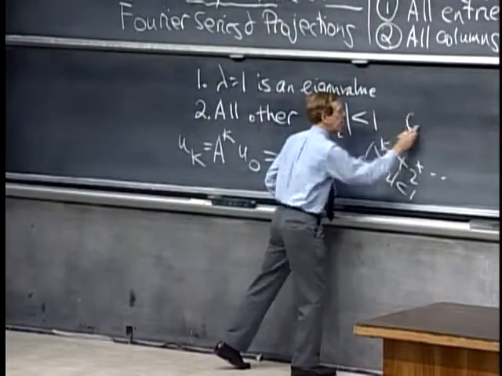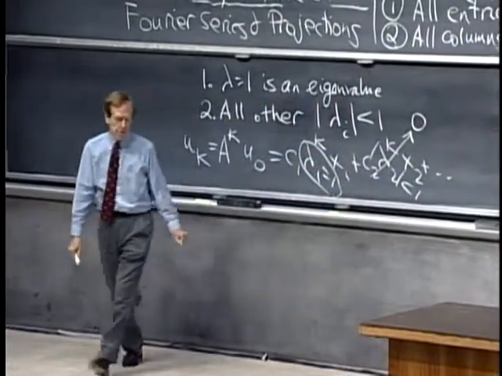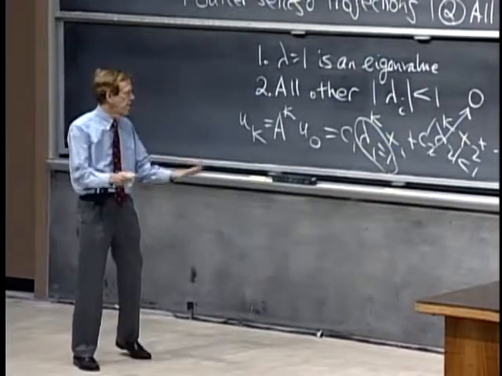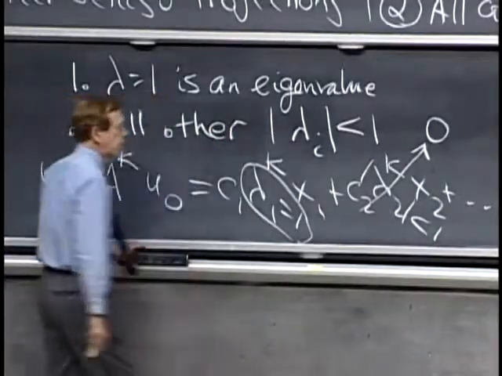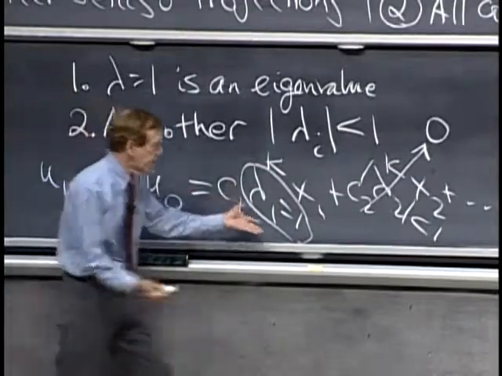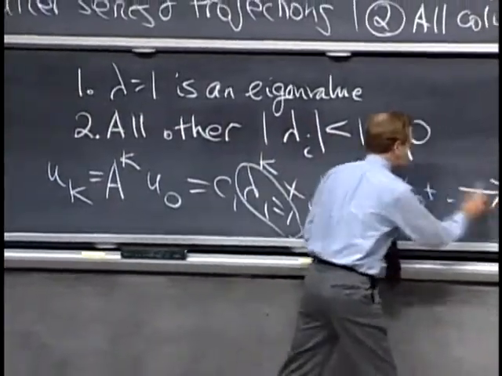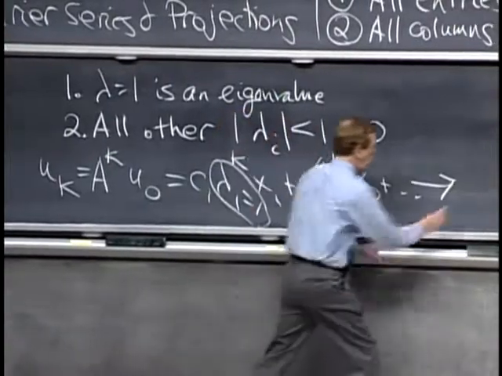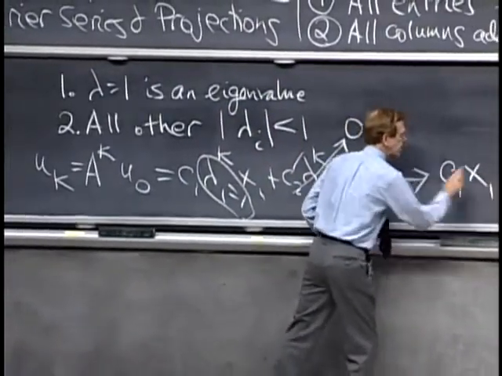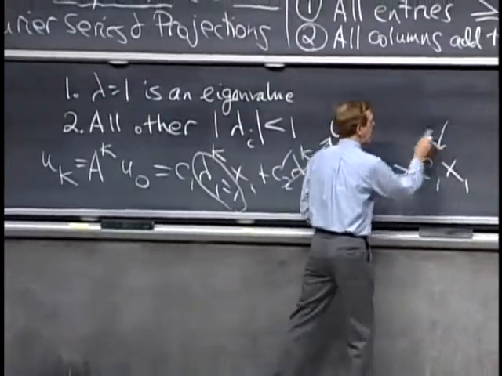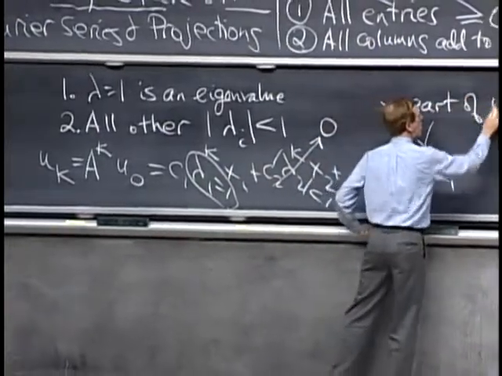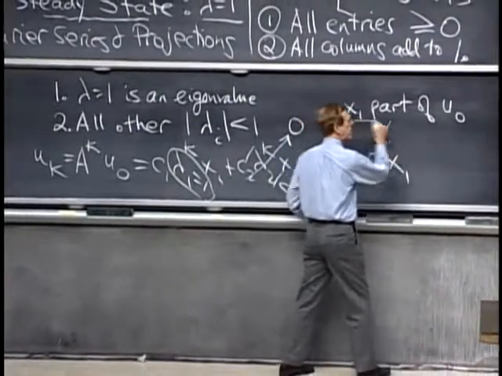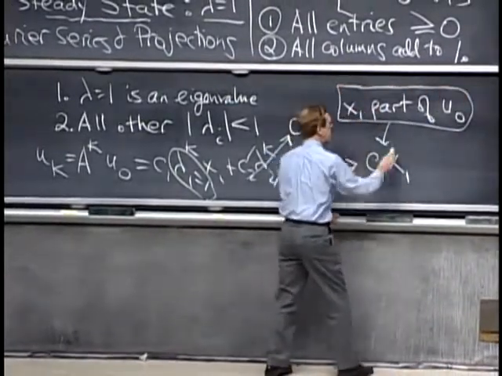That term and all the other terms are going to 0 because all the other eigenvalues are smaller than 1. And the steady state that we're approaching is just whatever there was. This is the x1 part of the initial condition u0. That is the steady state.